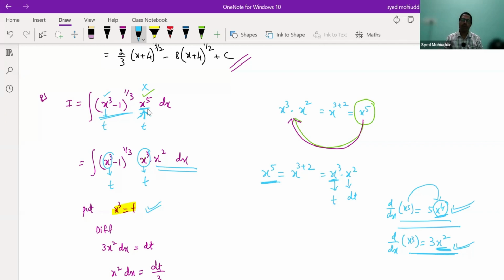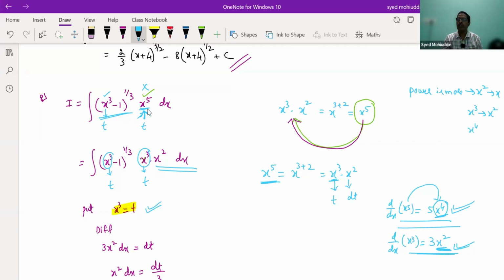But the moment you see the problem, you will not be able to get it. Alright, one way is when the power is high. That is the first set of problems that we have done. Power is more means like you are having x square, its derivative is present as x. X cube is there, its derivative is present as x square.